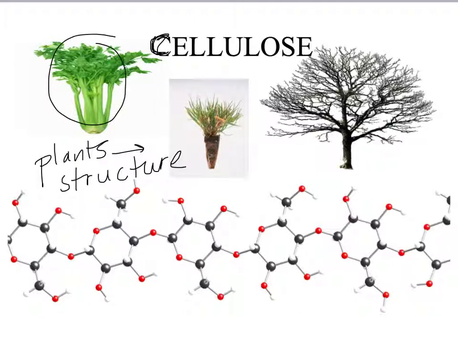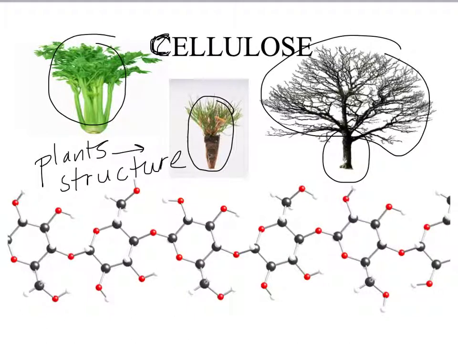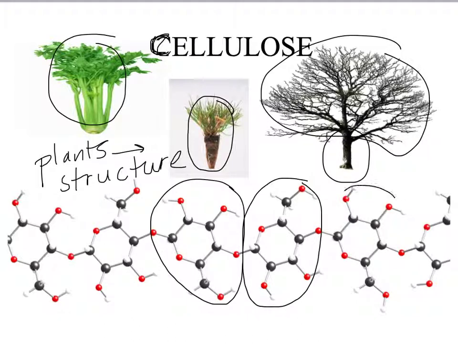When you bite a piece of celery, you get that nice crunch. That's the structural part of the plant. The roots, the leaves, the tree trunk, all the branches, a lot of that is built out of cellulose. Very strong structural polysaccharide. You can see, though, again, it's many different individual monomers, monosaccharides, bonded together.